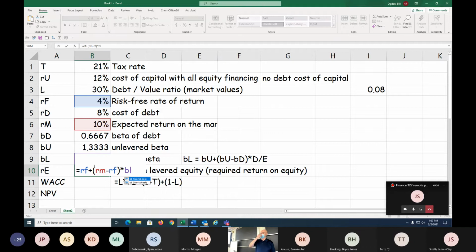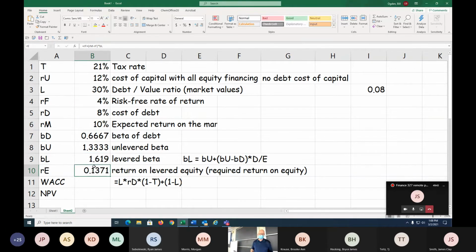How do I know whether to use the levered beta or the unlevered beta? Well, if a company uses debt, you have to use the levered beta, don't you? If the company doesn't use debt, you could just use the beta of the company as an unlevered beta. Okay, and I show for this 13.6. Now, you know what we should do with these? Let's get this one here, since it's a return. Let's do that in percent with 2 decimals.